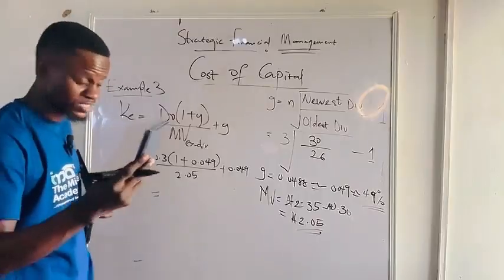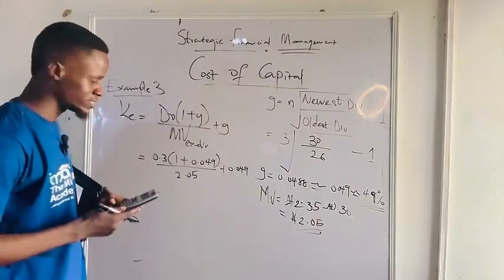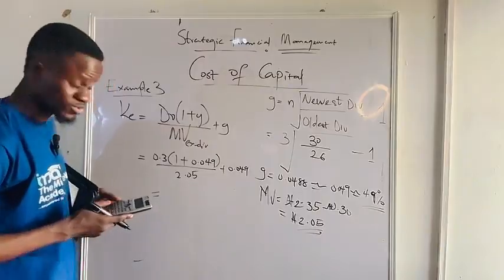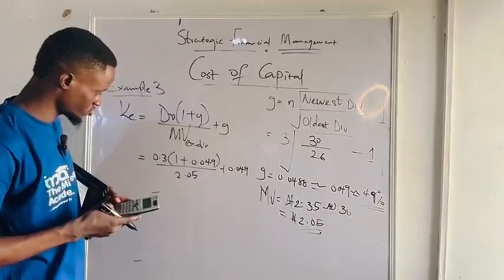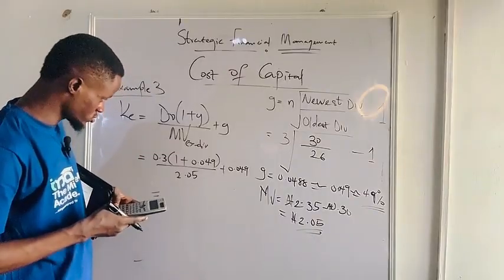So let's press this into a calculator. You must also be very fast using your calculator. That is part of the speed that we're talking about. I'm holding it close together because I'm teaching, so I don't want my iPad to drop.